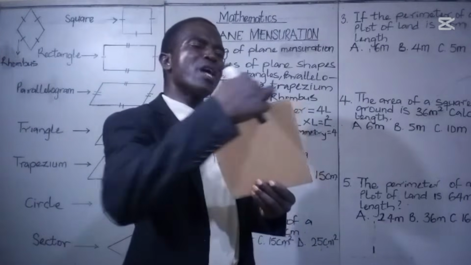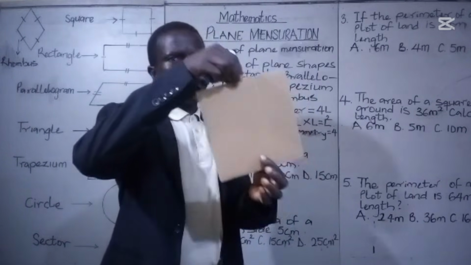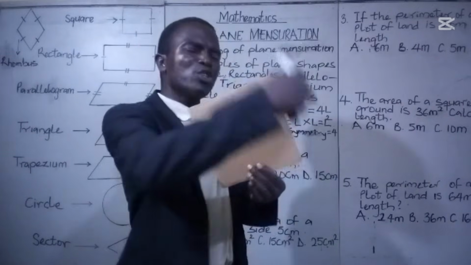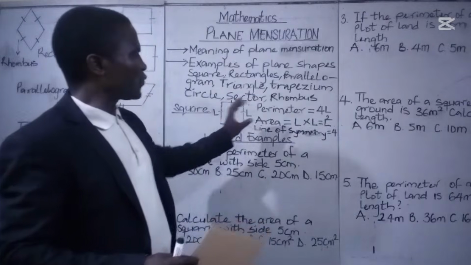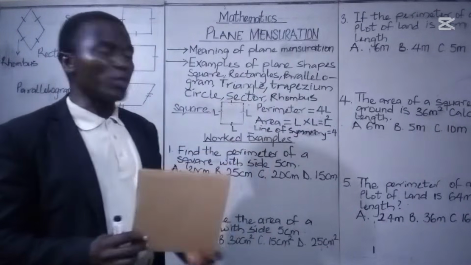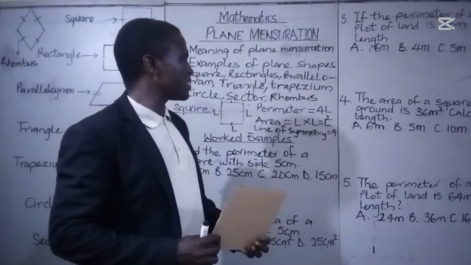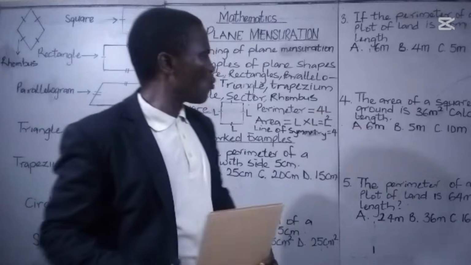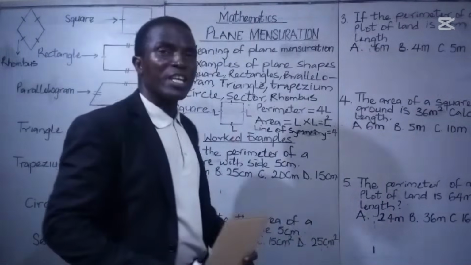When we say the perimeter of a square, we mean you measure around that shape. A square has 4 equal sides, and for us to get the perimeter of a square, it is just the product of 4 and one of the sides.